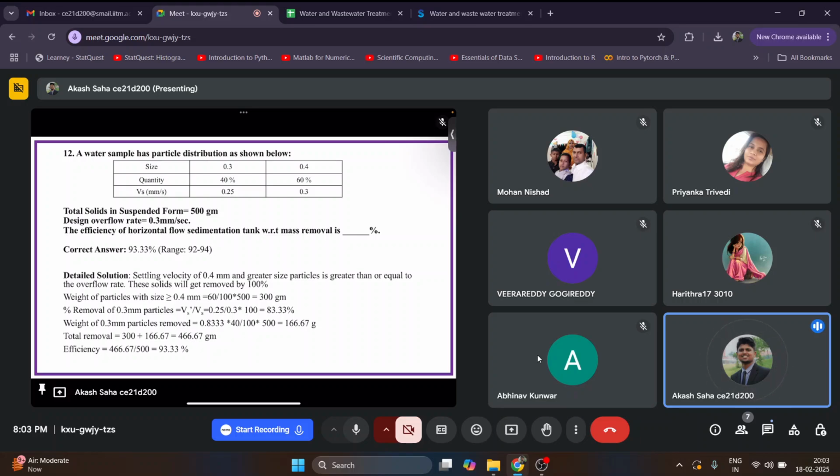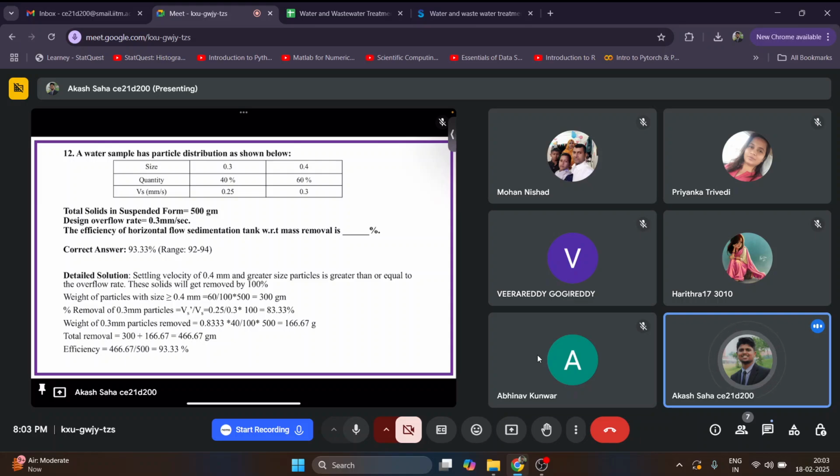So that means all the particles which are of 0.4 millimeter size will definitely be settled, because the design overflow rate is matching with the settling velocity. So whatever particles are there of that size, they all will get settled.